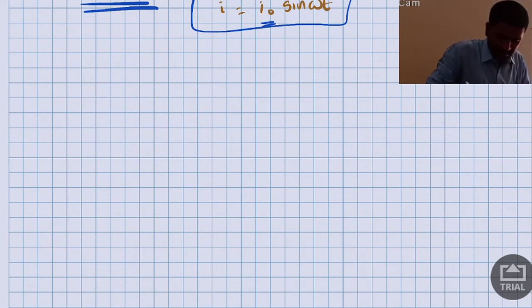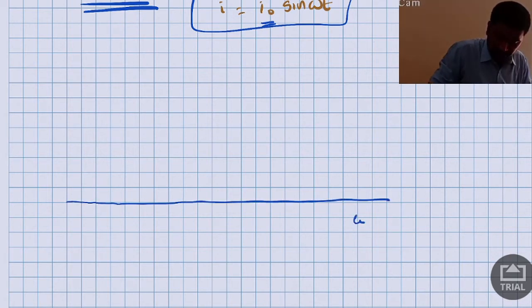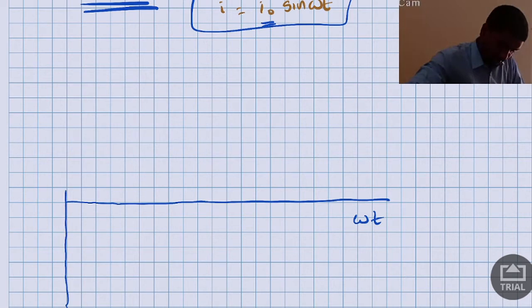I am taking omega t on the x-axis, and on the y-axis I am taking current and voltage.